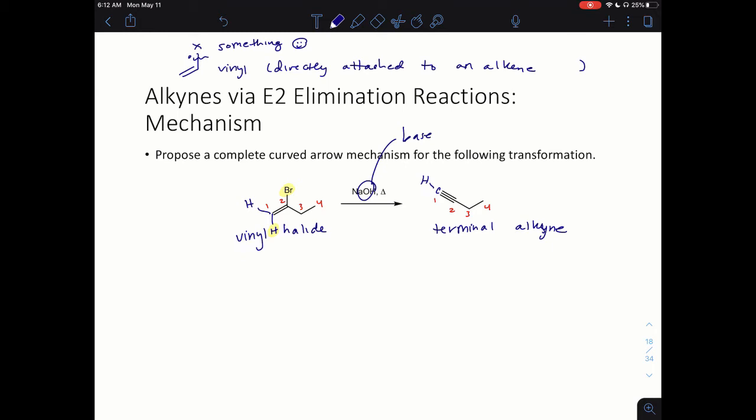For what happens here, hydroxide deprotonates the beta position to the leaving group. And then what do you think happens? Yes, the electrons in this bond form the triple bond, and bromide leaves as a leaving group.